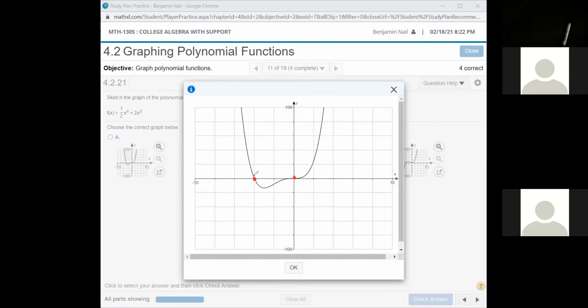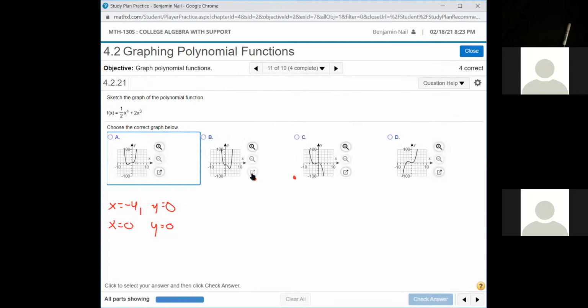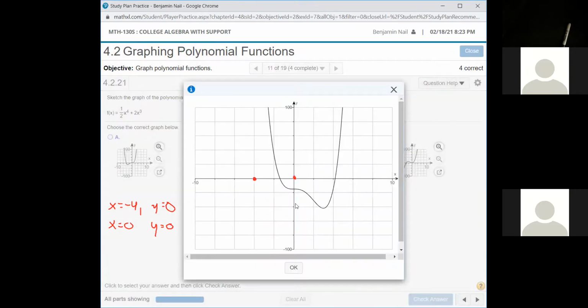Okay, if we plug in the point, see, if that's -10, each of these represents -2. So if I plug in an x of -4, I should get a y of 0. If I plug in an x that's 0, I should get a y that's 0. And I can look to see if either of those points match. I want to see if that's different than the graph for B. Yeah.